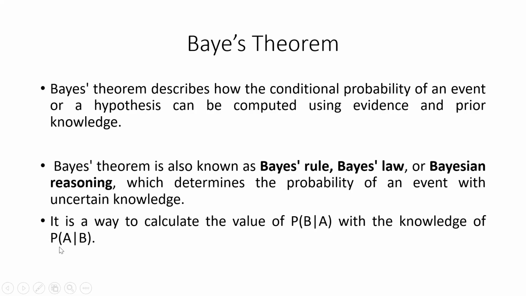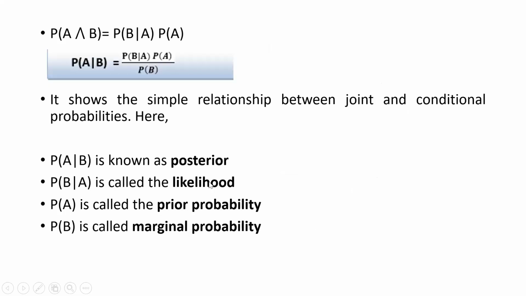P(A|B) is the probability of A when B is given. With this, we can calculate the probability of B when A is given. How? Let's discuss this. If we see the conditional probability formula, P(A|B) is equal to P(A intersection B) upon P(B).